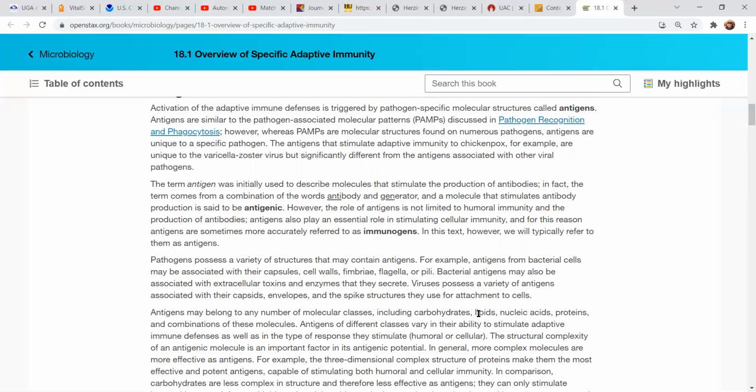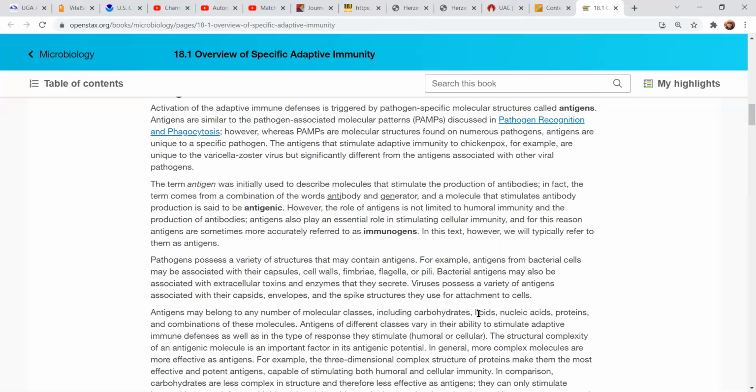But we realize now that antigens are not just related to humoral or antibody-mediated immunity. And so sometimes they're referred to as immunogens because they really stimulate a response by the entire immune system and not just the B cells, not just those antibody secreting cells. Antigens can be any number of things.